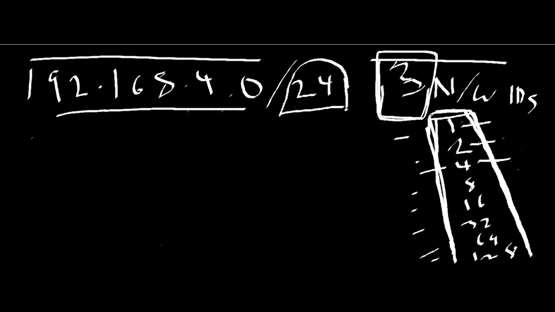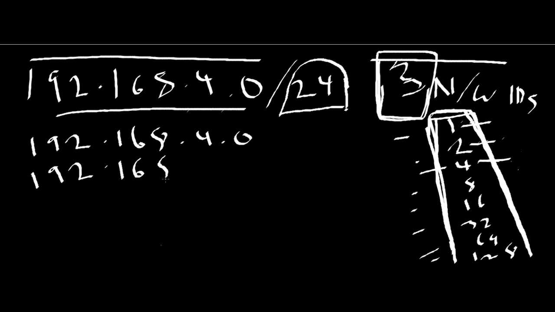So what do we do now? 192.168.4.0 is your first network. You could be asked, what is the next network after your first network? You need to know that. That is this one, 64. So in solving for your first network, what will the broadcast ID be?